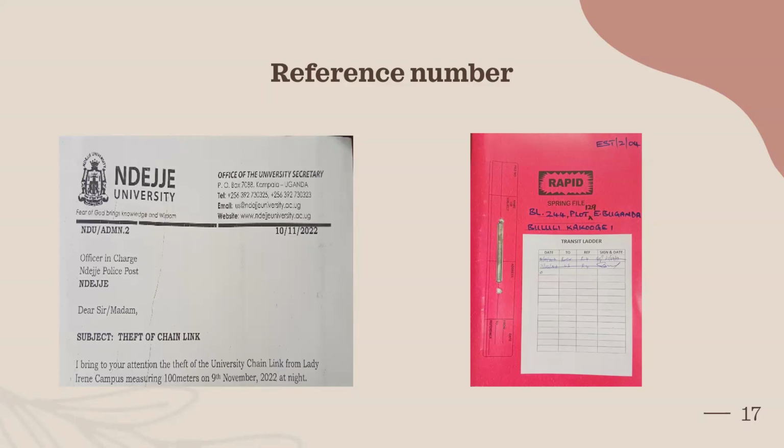I'll go to my file index and get to know that, okay, this information, which years, if it talks about maybe 2004, I'll go to my file index, know which cabinet this file is in, and easily retrieve this file very fast without taking time for this person. Why? Because I have a file index and all my documents have file reference numbers or document reference numbers. So this is how we label our files for us to be able to access them.